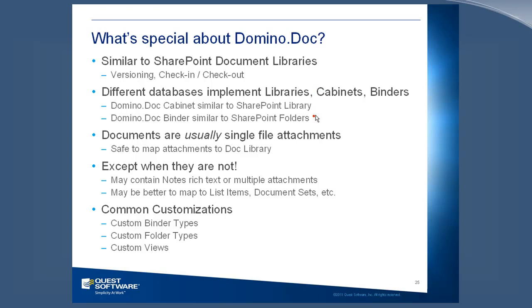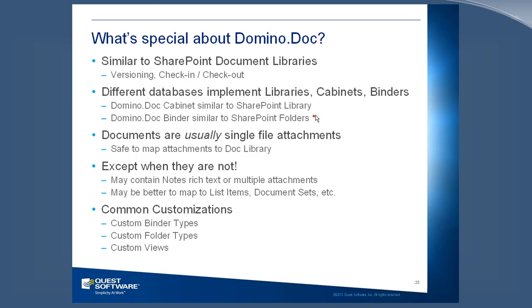Now, in the Domino.Doc world, documents are usually implemented as single file attachments. So one document in Domino.Doc is really a Word document or a PDF document that was imported into the library. And so that maps really nicely to a SharePoint document library.